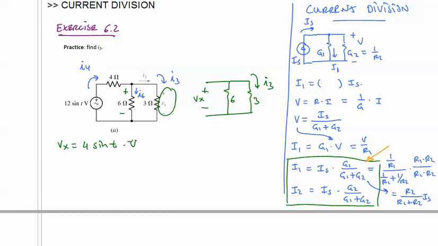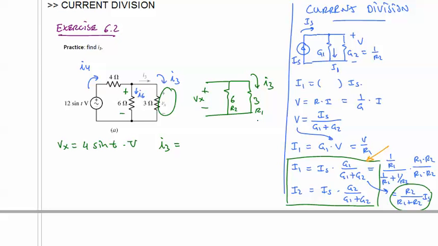So all we need to do here is use the current division formula to solve for I3. Now since we're given resistances here, I'm going to go ahead and use this formula. But I again recommend that you remember current division by thinking of conductances. So it's the conductance of the 3 ohms, which is 1/3 over 1/3 plus 1/6. But we have resistances here, so we'll use the resistances. So this really is like R2, and this is R1, if you will.